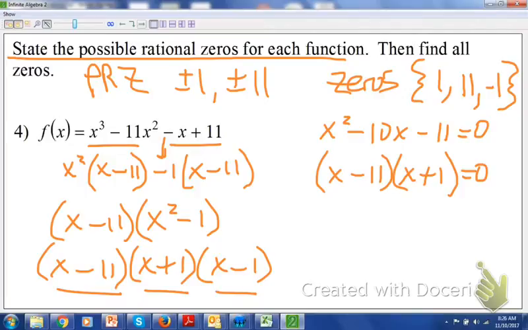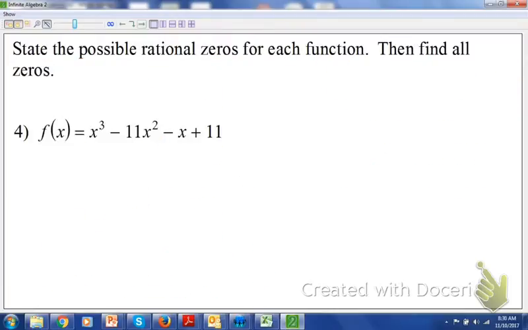Okay, let's look at number 6 on your sheet there. 6, I think it's the next one I want to work. 6, not 5, but 6. Okay, x to the 4th plus 16x squared plus 63.